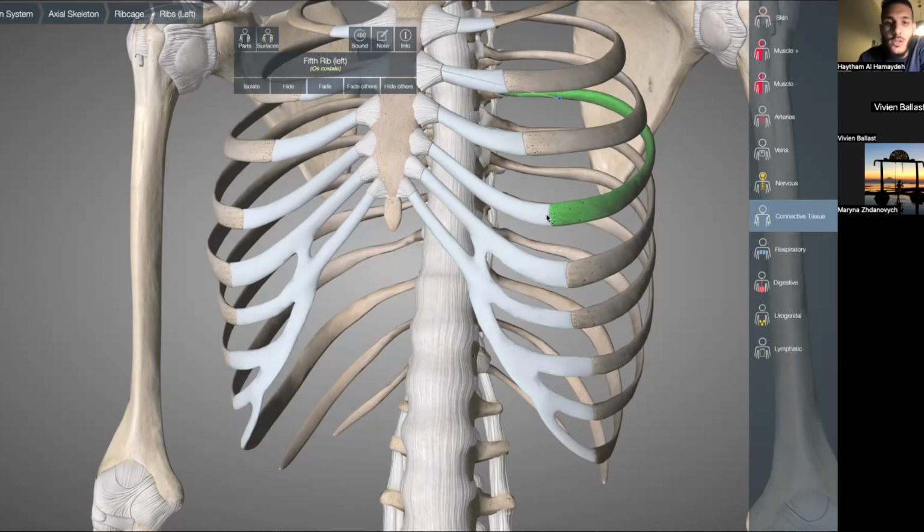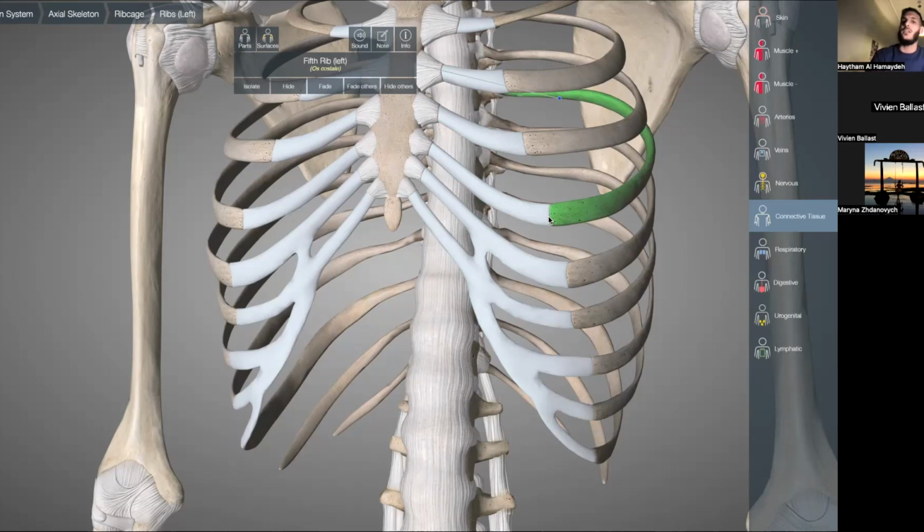Costochondral joint. So to be clear, ribs move forward, but they do not articulate directly with the sternum. They articulate with the costal cartilage through a joint called the costochondral joint.